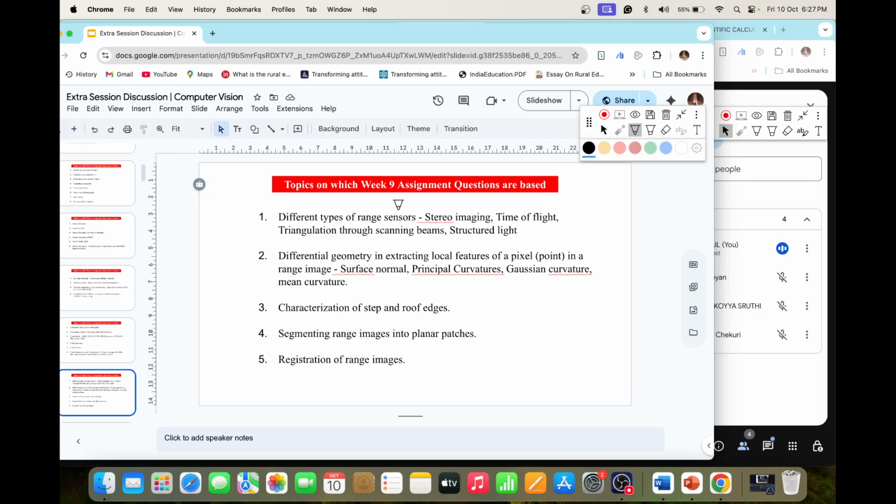That is known as range image. That is why range image is also known as 2.5D image. A 2D image means your simple color image, but a 2.5D image means your range image, because here the pixel will give you not color values, but depth values. So that is range image.